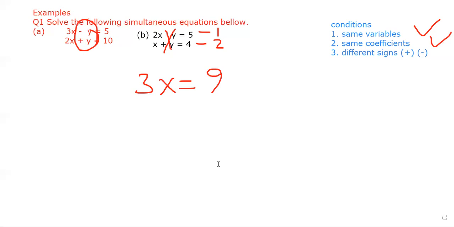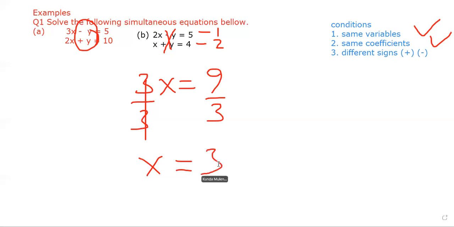We're going to divide by 3. We divide by 3 here, and we also divide by 3 here. How many times can 3 go into 9? 3 times. So therefore the value of x is 3.